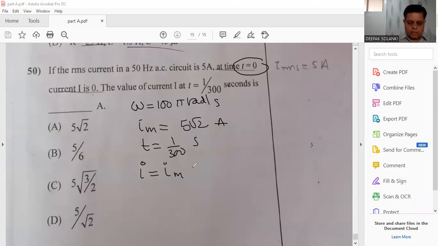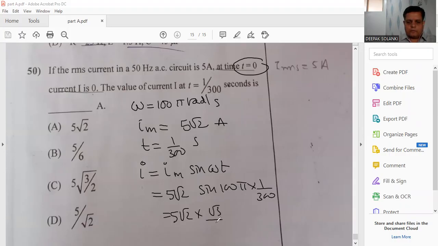So it is I_m sine omega t. Your I_m is 5√2 sine 100 pi times 1/300. So it is pi by 3. So 5√2 sine pi by 3, which is √3/2. So it is 5 under √3/2.